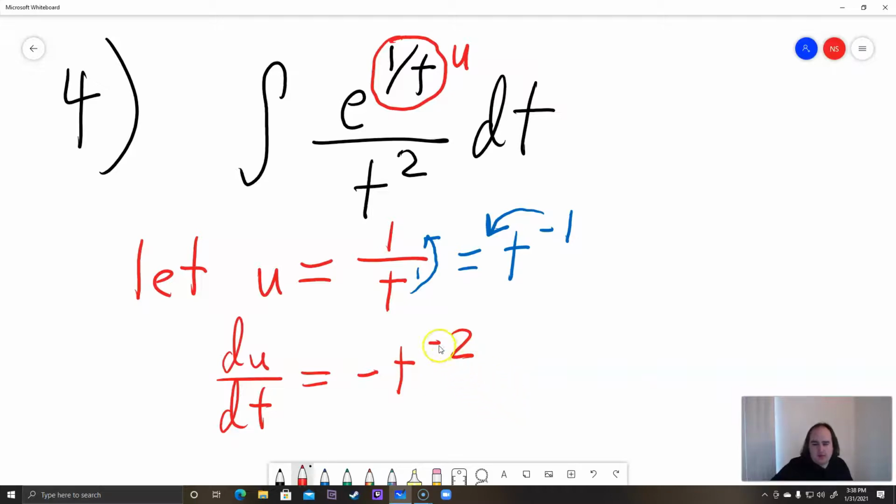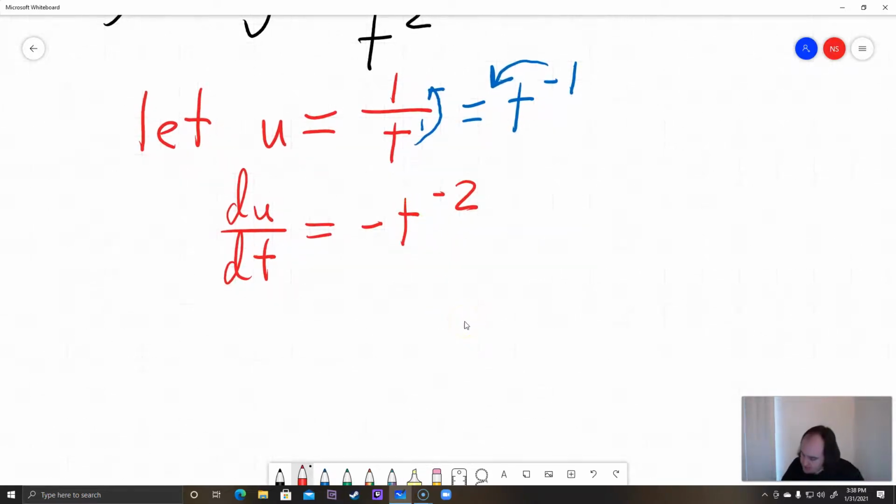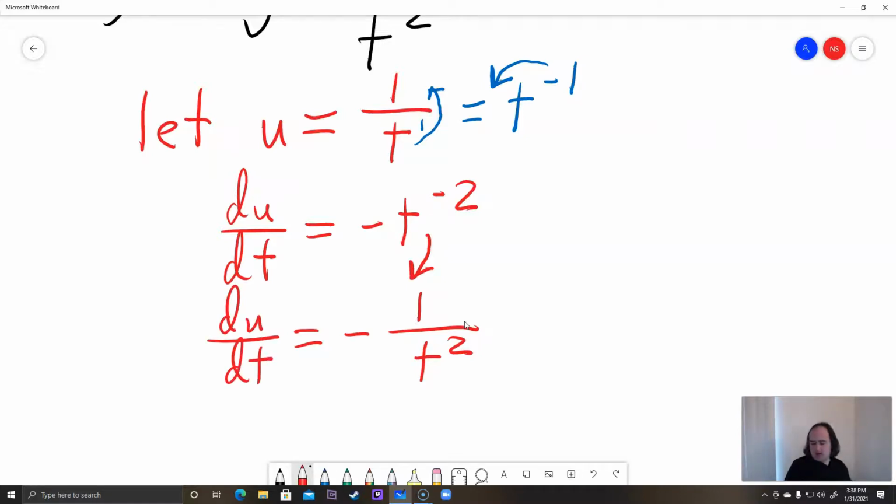But we can move this exponent back down to the bottom again, and it's going to become positive again. So we actually get negative 1 over t squared. So we have du dt equals negative 1 over t squared.